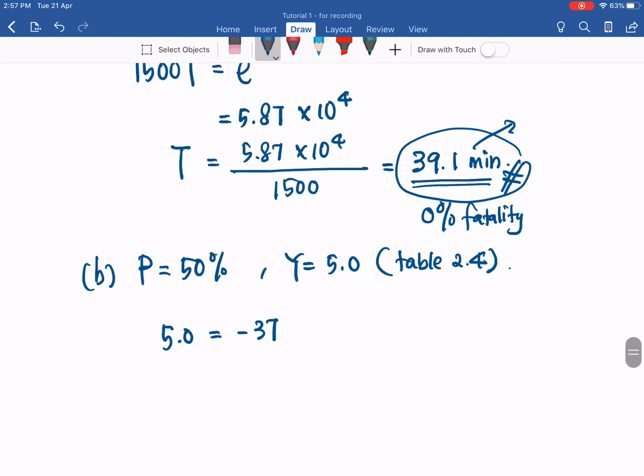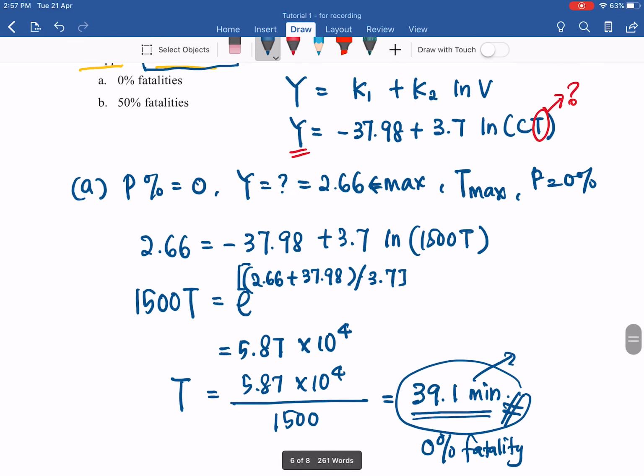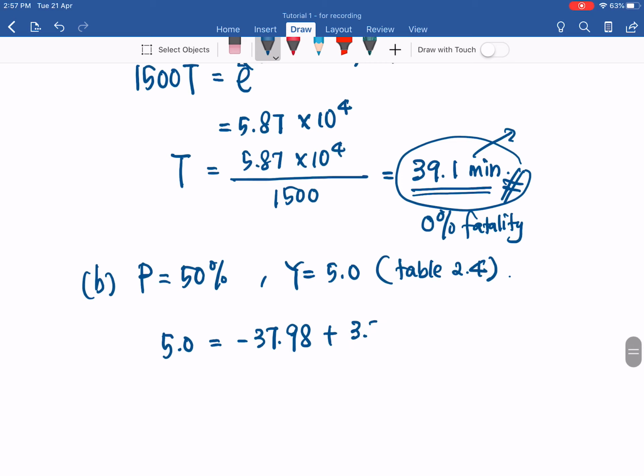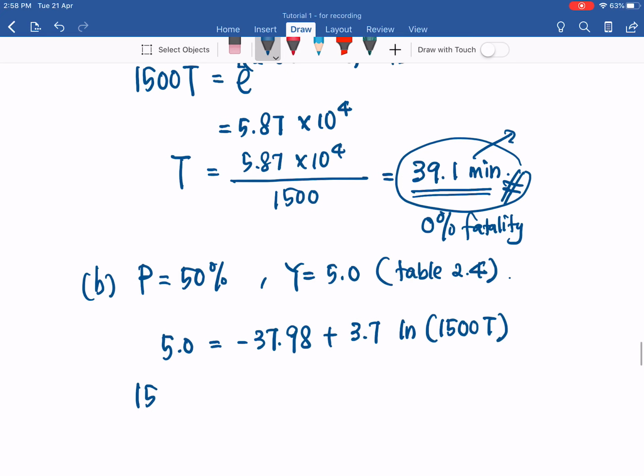negative 37.98 plus 3.7 ln 1500T. And so I think with that you can calculate what is T. So 1500T is e to the power of 5 plus 37.98 divided by 3.7.